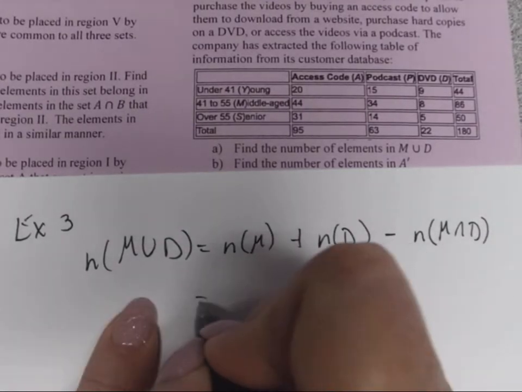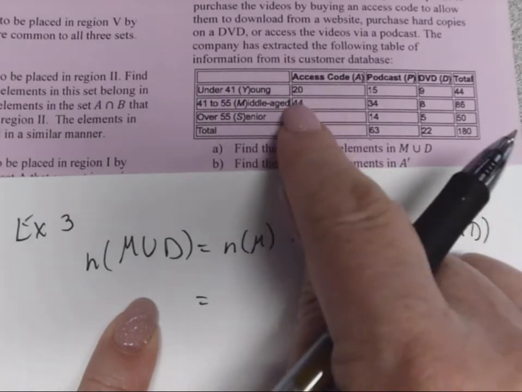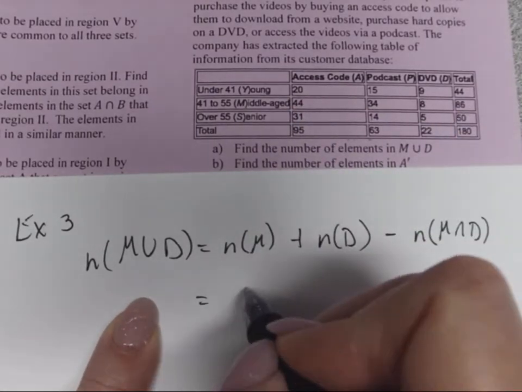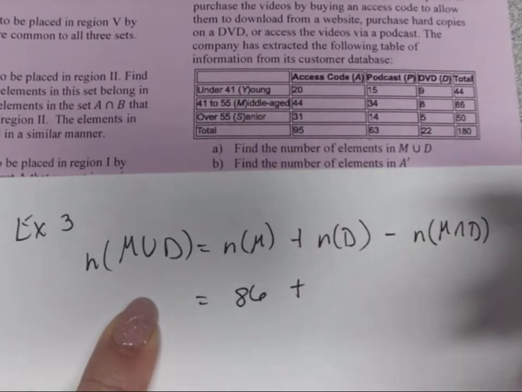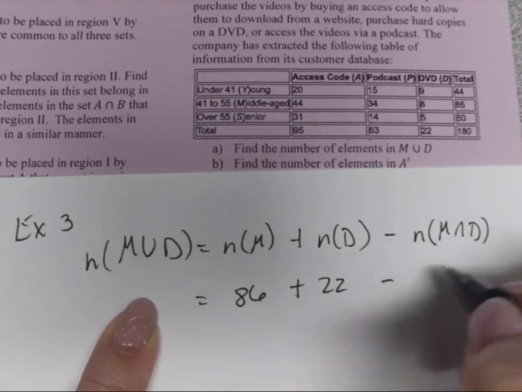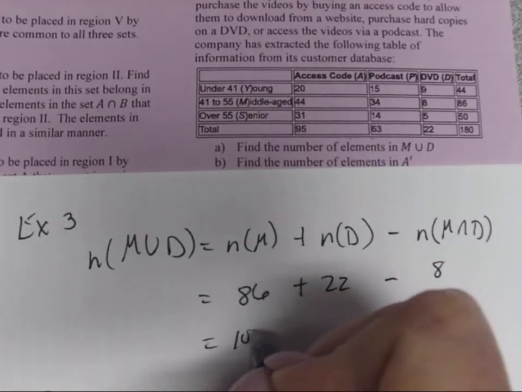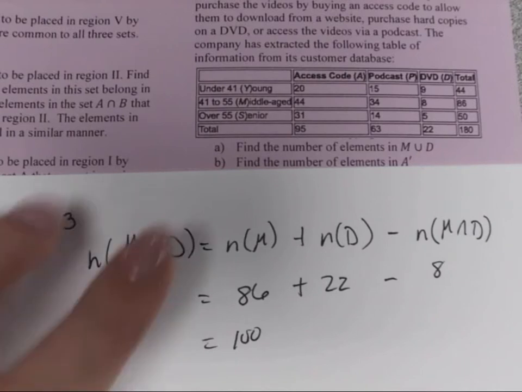So the number of middle-aged, if we total this all up, here's our total down here, is 86, plus the number of DVD totals is 22, minus the intersection that we talked about, which is 8, and that will leave us with 100. So that's the number of elements in the middle age union with DVDs.